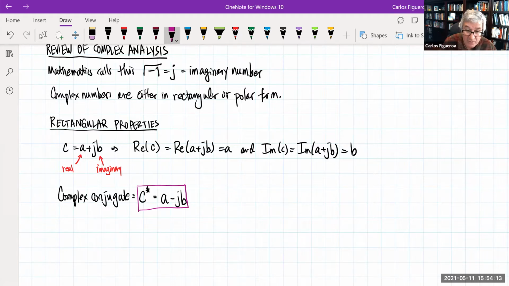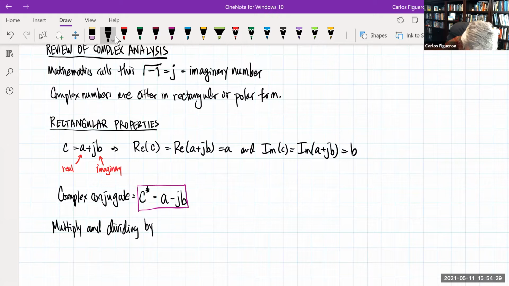Now, we need to be able to multiply and divide by complex numbers, and they follow these rules.